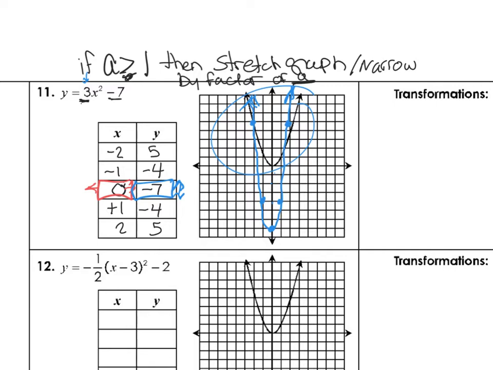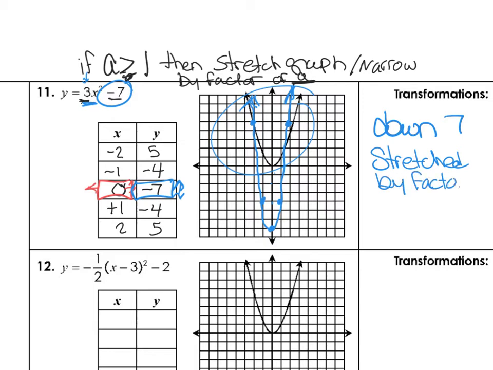So this one, we went down 7, because it told us there. We didn't move left or right, because it told us there. And the 3 told me that it stretched by a factor of 3.